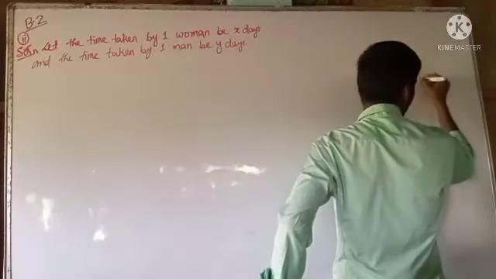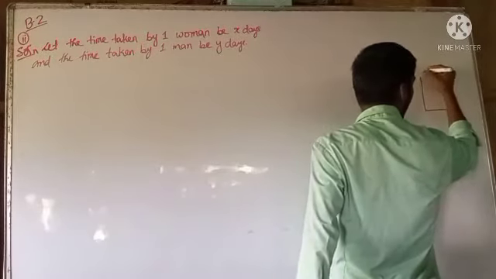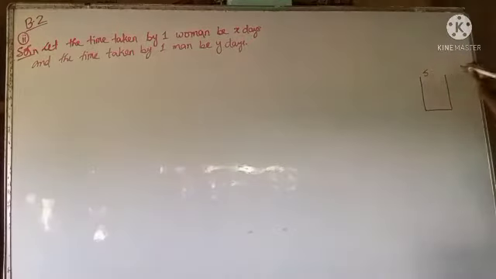Now suppose I say to you that you are digging a pit, 5 of you are there, and you are digging a 100-meter pit. Now what will be the work done by one man? That means one of you, how much work have you done?